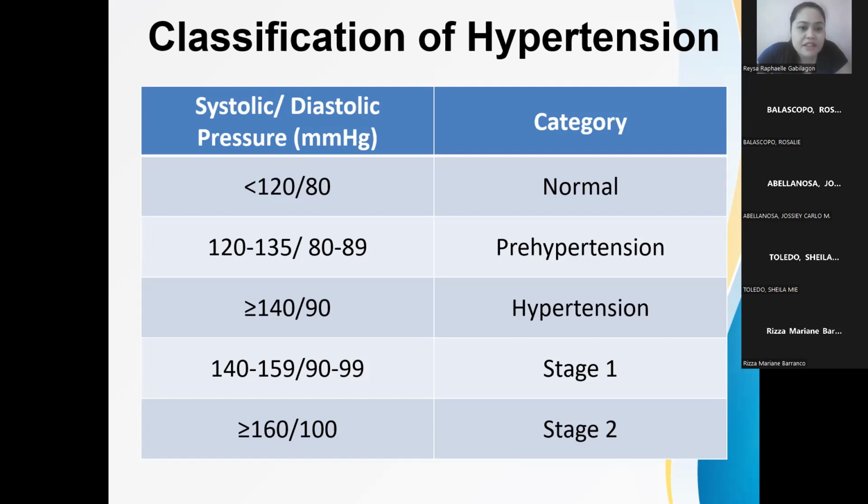But if it's higher than that, more than or equal to 160 over 100, that becomes stage 2 hypertension. So, what are you going to do now? You have to memorize this table, class, because this is really included in our board exam, and we really have to know the different stages of hypertension.